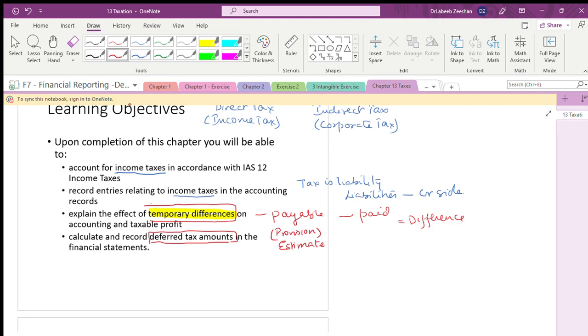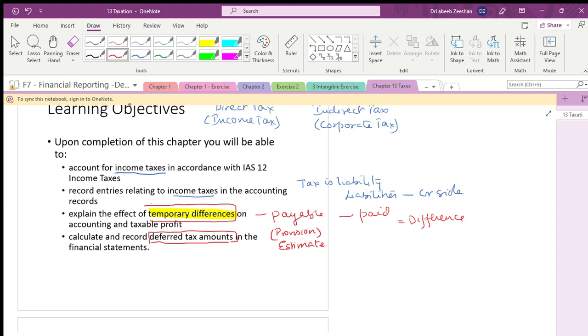We will make an estimate of the tax payment, because taxes will be paid in the next year. For the reporting period January to December 2022, the taxes will be paid in the next year, but in the financial statements we make a provision.